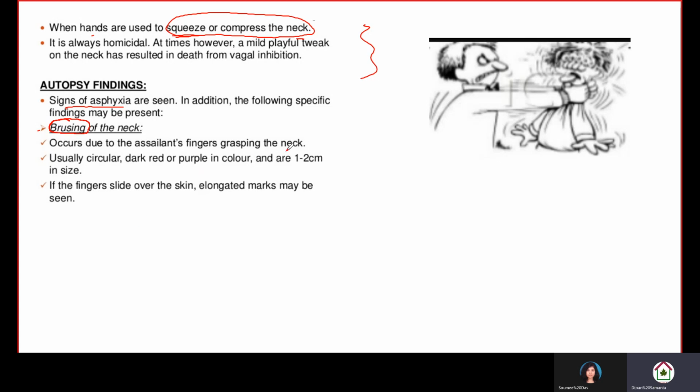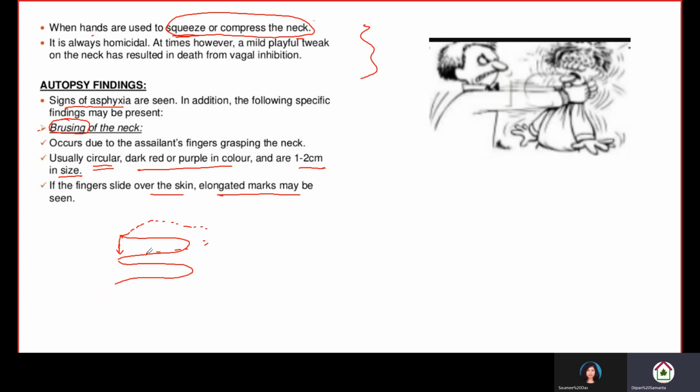It occurs due to the assailant's fingers grasping the neck, usually circular, dark red and purple in color, and 1 to 2 centimeter in size. If the fingers slide over the skin, then there will be elongated marks, not only the fingertips but the breadth of the finger.